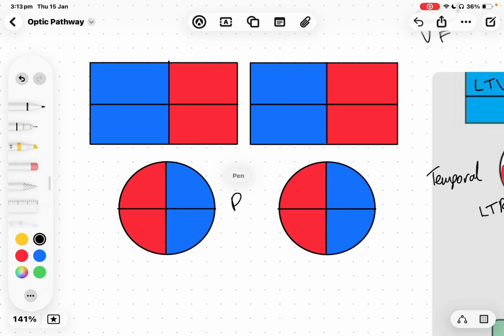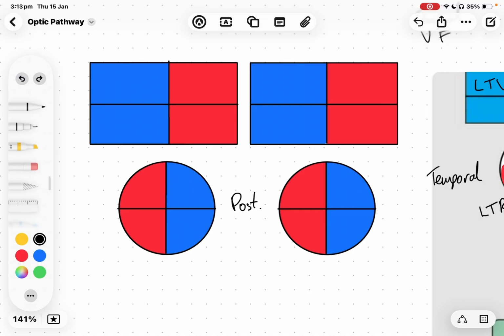If we're looking at the posterior of the retina here, then essentially what you have is, we can see that we have this crossing over from one side to the other, but it's also going to be happening in the up and down.